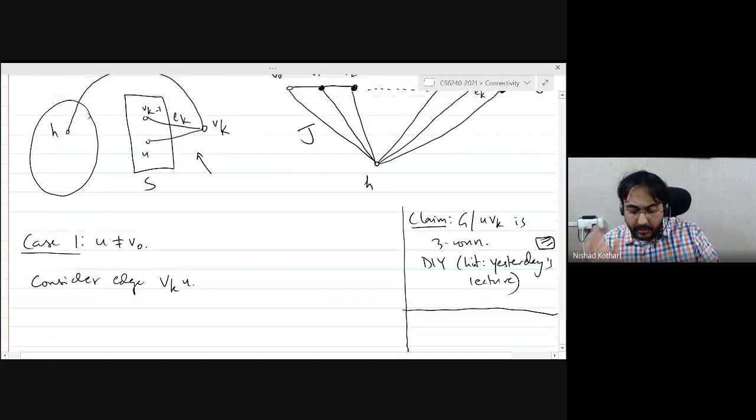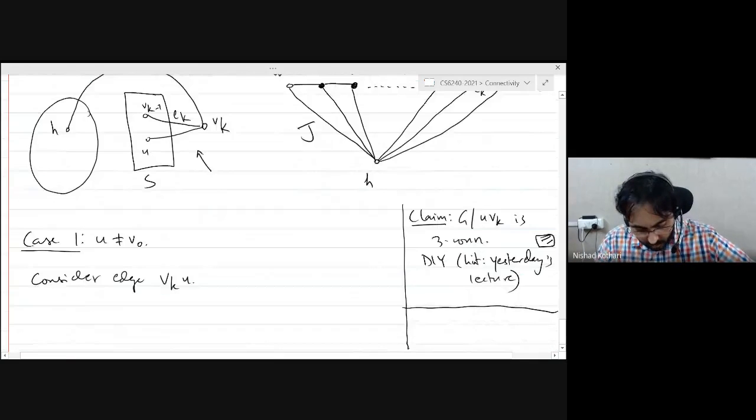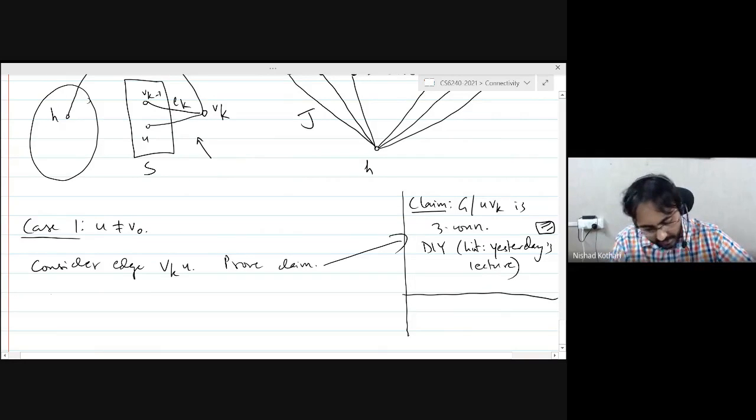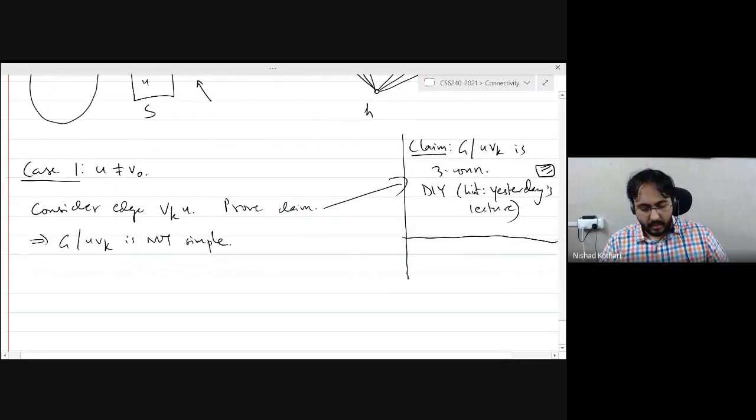So we know that this edge, when you contract it, keeps the graph 3 connected. That means that the graph after contracting this edge cannot be simple, right? So we prove the claim, and then that implies that the graph after contracting this edge is not simple.